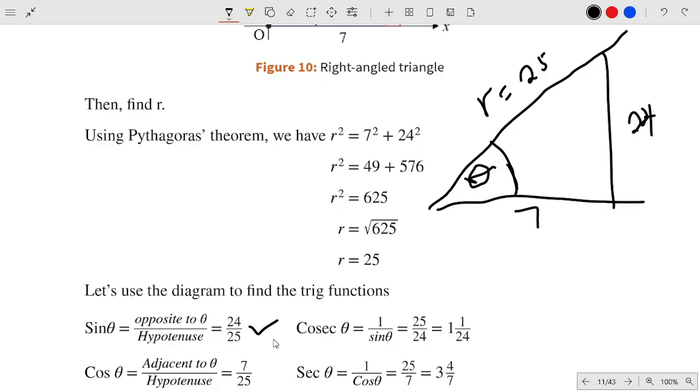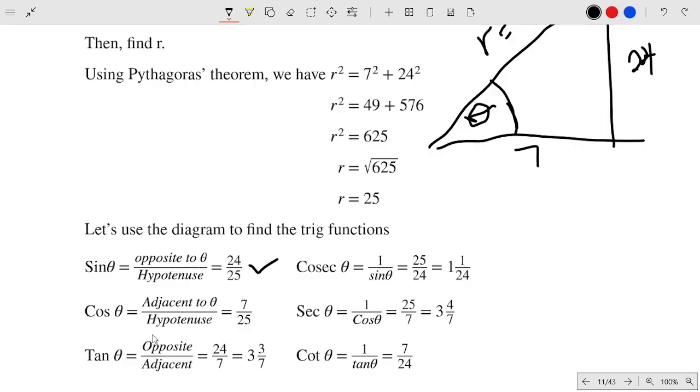Its reciprocal, which is cosec theta, will be equal to 1 on sine theta. So we have 1 divided by 24 on 25, which gives us 25 on 24. So if sine is 24 on 25, its reciprocal will be 25 on 24. Simple as that for the cosec.